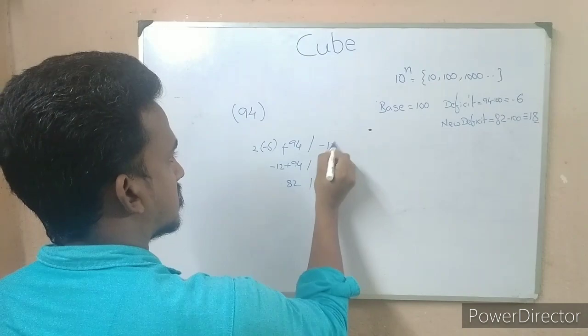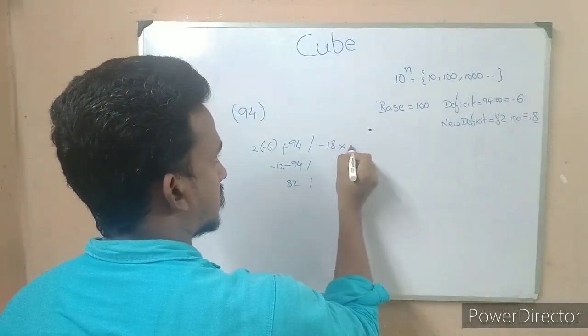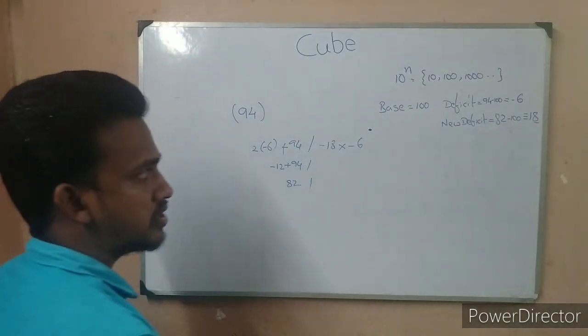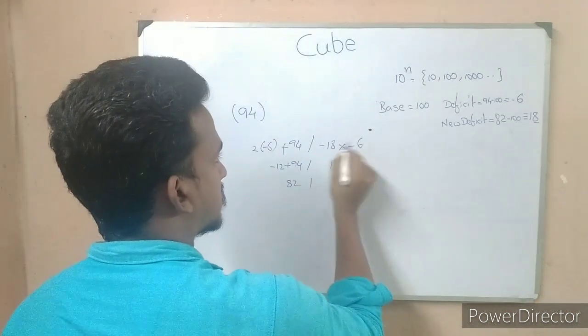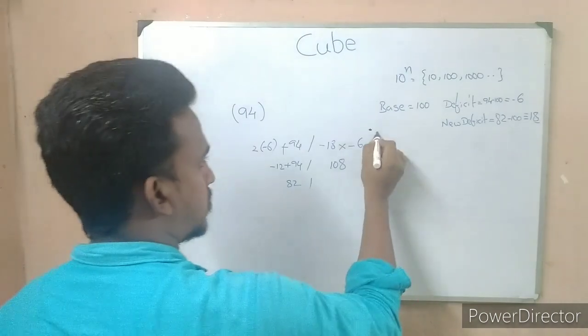We multiply this new deficit with the original deficit: 18 times 6 is 108, and minus into minus becomes plus.